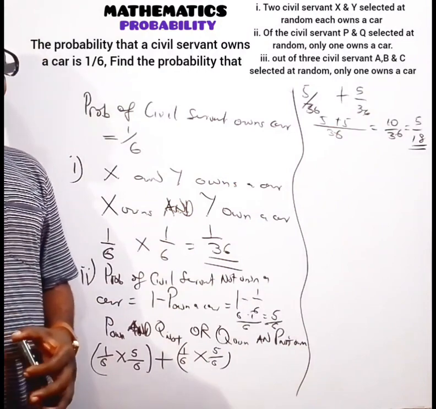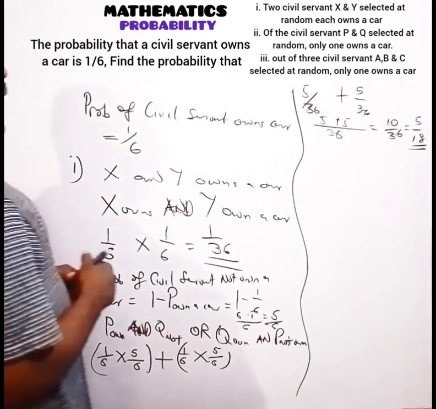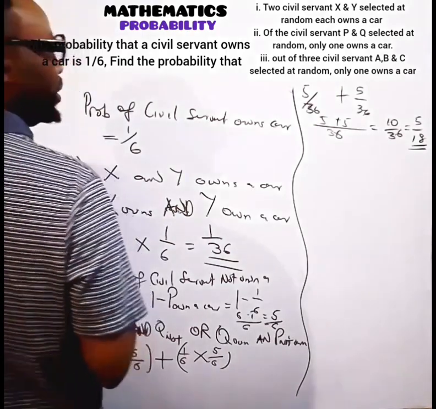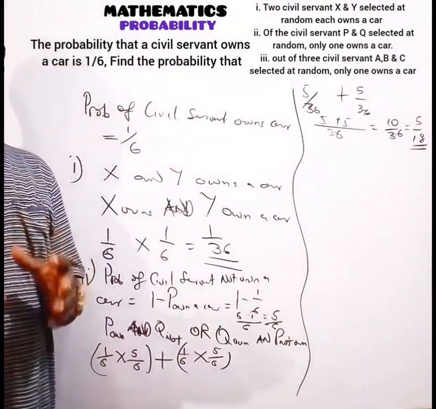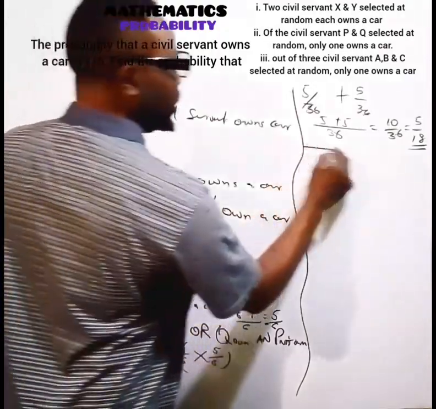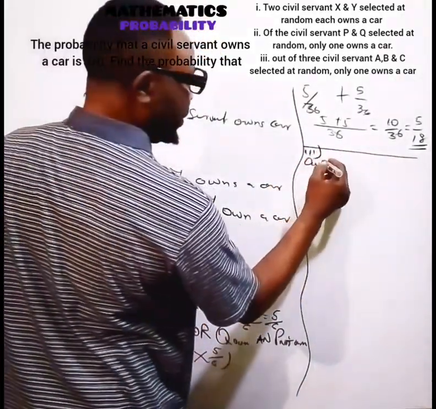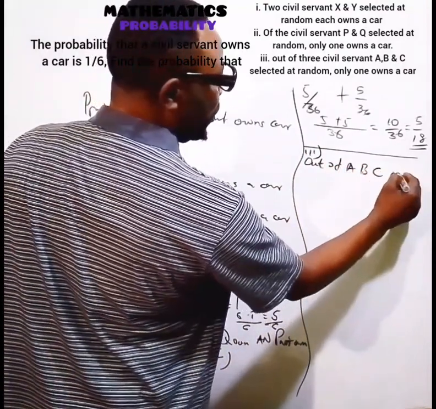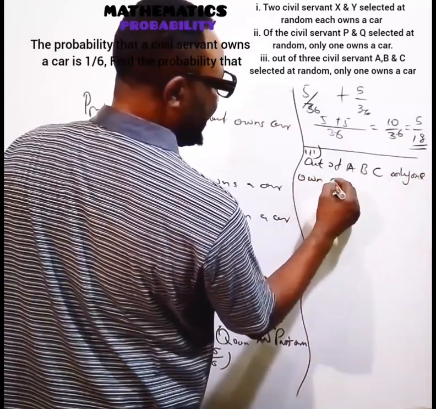Now, we move to the next question. The next question says that out of 3 civil servants A, B, C selected at random, only one owns a car. Out of the 3 civil servants A, B, C selected, only one owns a car.